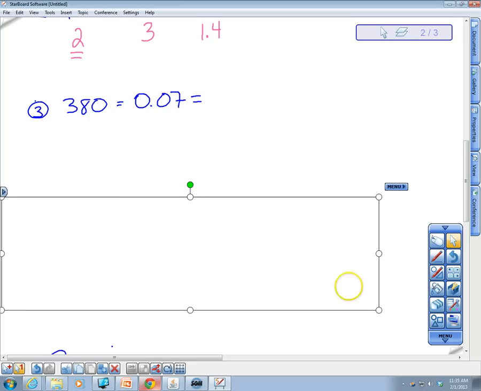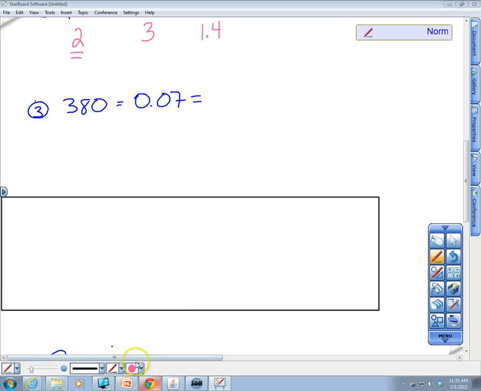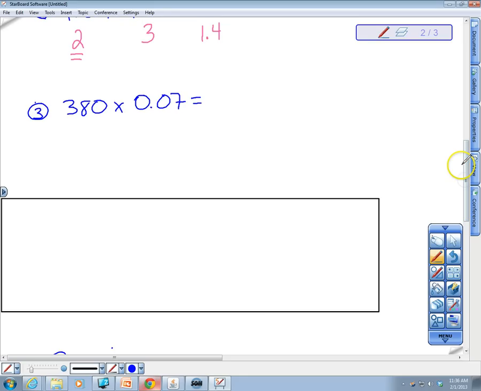Okay, let's look at this one. 380, whoops, that should be times 0.07. If I put that in the calculator, I'm going to get 266. Let's figure out how many significant digits I need. 380 has a non-zero and a trailing zero but no decimal. That means that zero is not significant. I only have 2 significant digits.